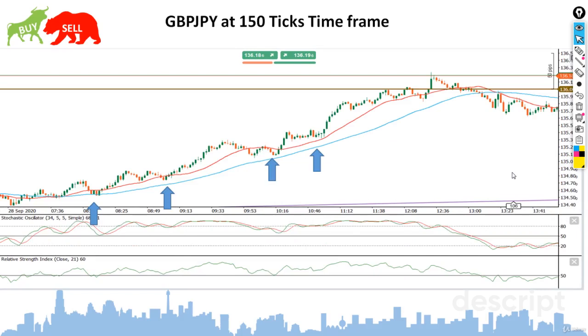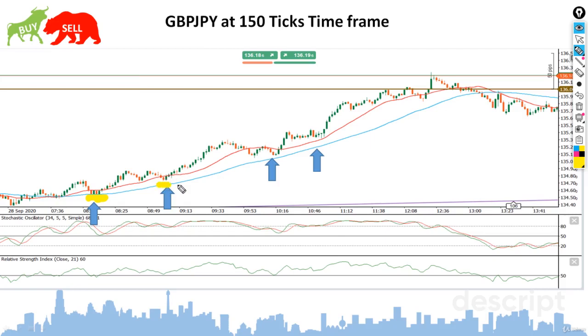Look at this beauty. Here we have the chart of GBP/JPY at the same time frame. In the same day we have a lot of opportunities to scalp. We can see here a good entry to take 20 pips, I think, or 30 pips.